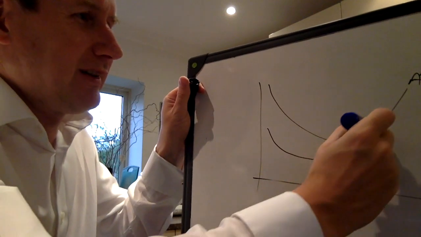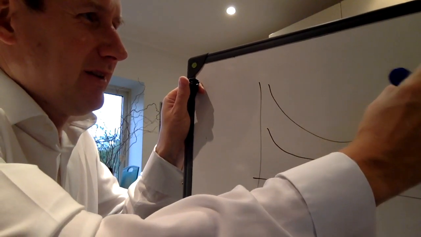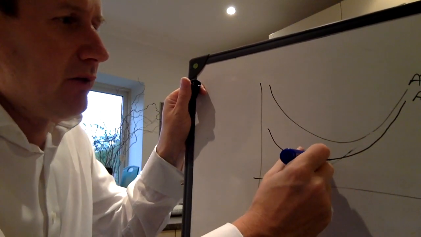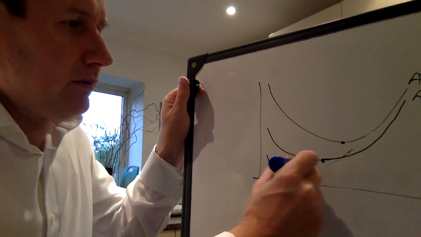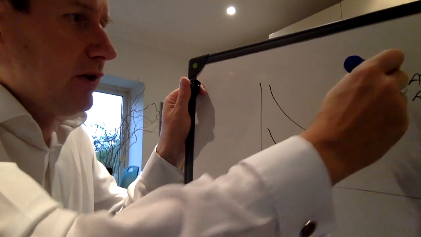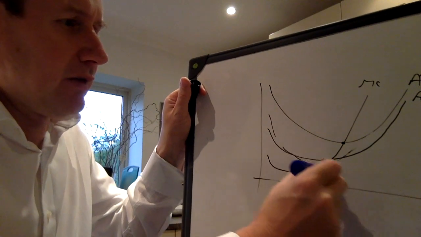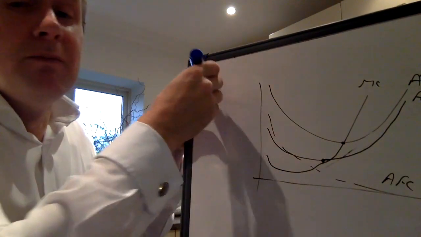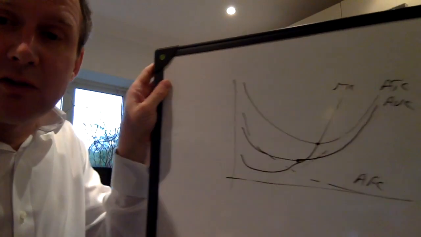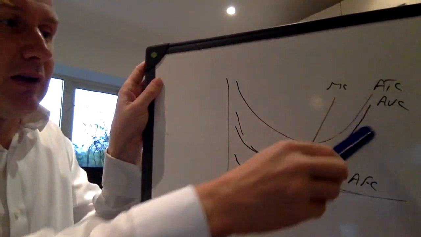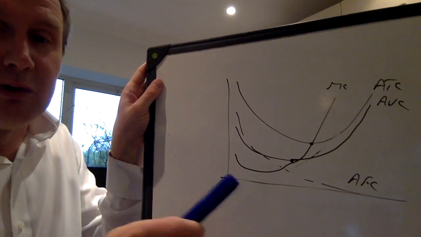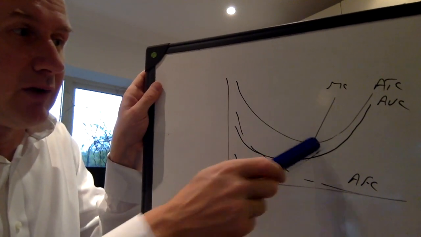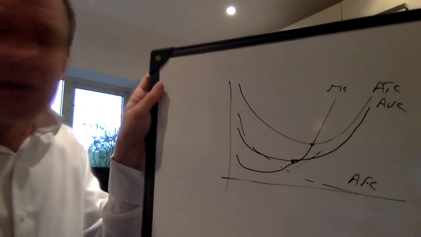Average variable cost, it's quite hard doing it like this, looks like that, and we know that marginal cost will pass through the minimum point of both of those, and then average fixed cost goes down like that. So that's your picture. So average total, average variable, average fixed, and marginal cost goes through the minimum point of average variable and average total cost. Most often you won't be using that, to be honest.